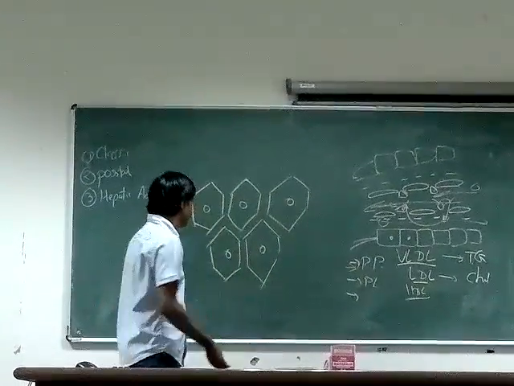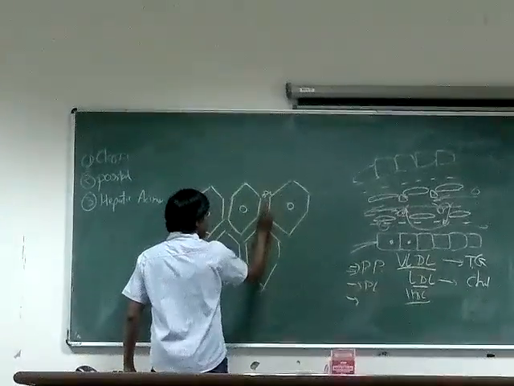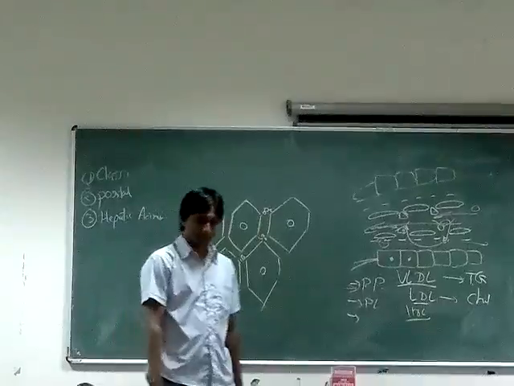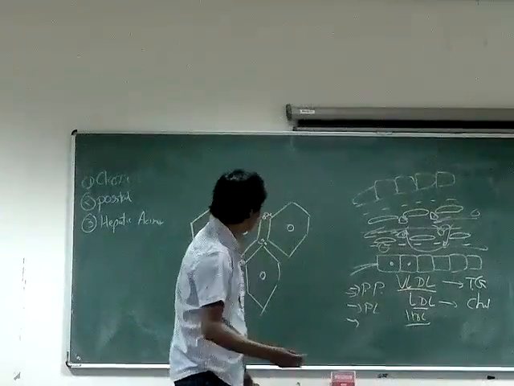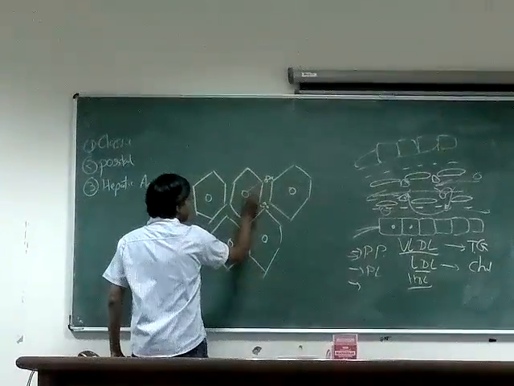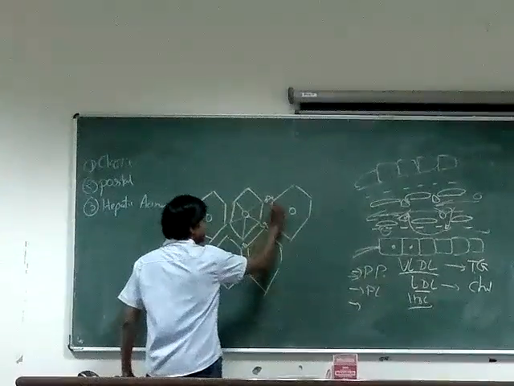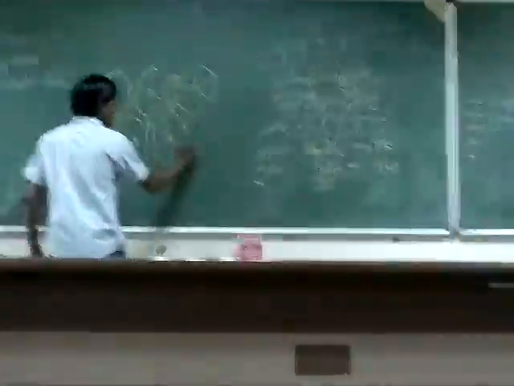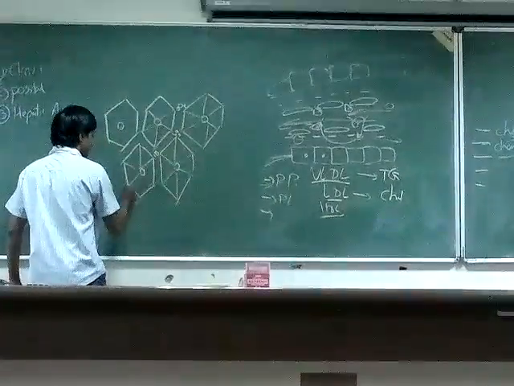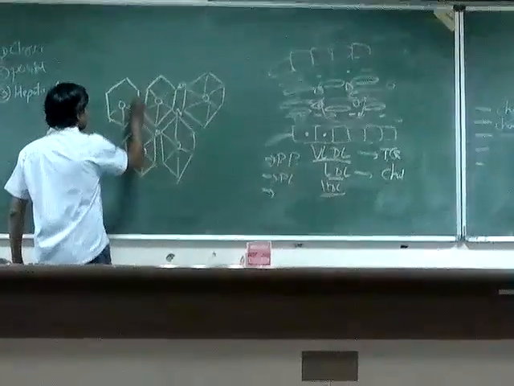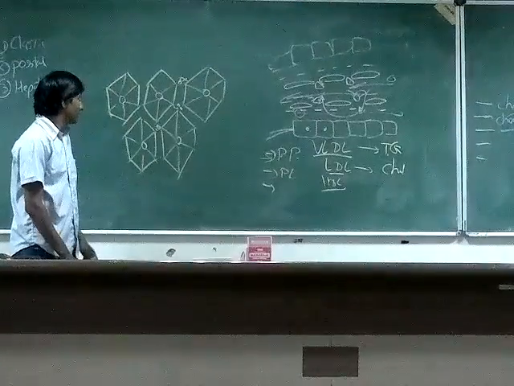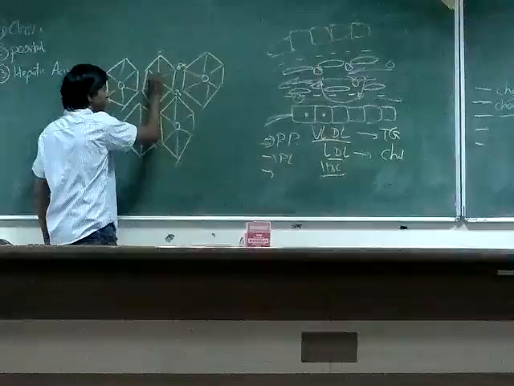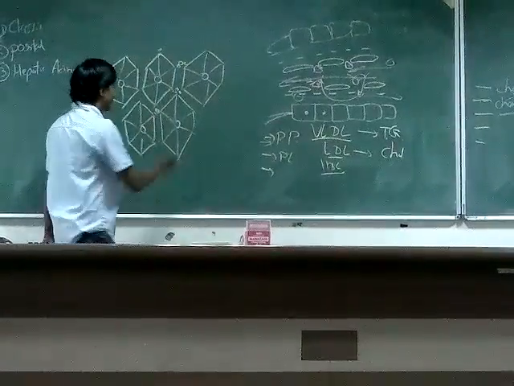Central vein, okay? Now these are the sinusoids. Blood goes from here to the center.